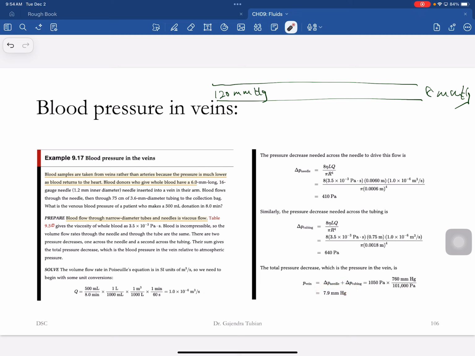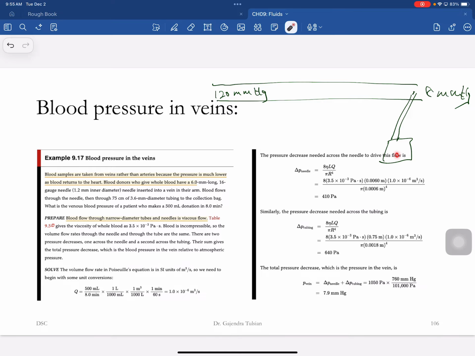So you want to draw blood into this bag, collecting blood, and the pressure you would need from here to there is about 8 millimeters of mercury, and that's the pressure in the veins.